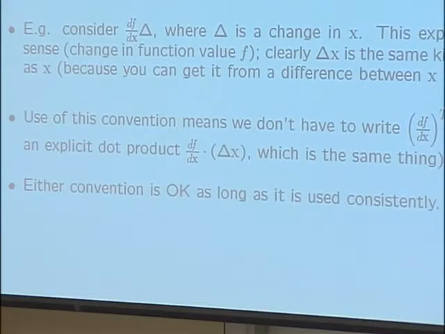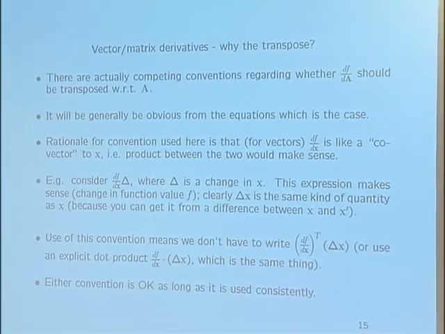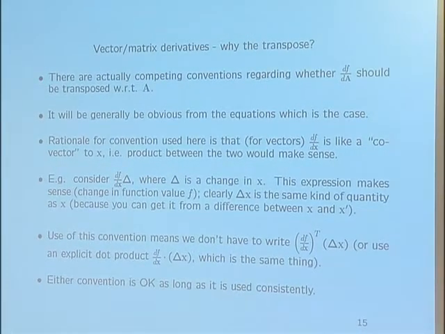Okay, so this slide was just about the issue of whether or not it should be transposed, and this is getting a little bit obscure, but some people don't actually transpose the derivative. If someone's writing down equations with this stuff in, it should usually be obvious which convention they're using. But the rationale for the convention we use here is that df dx is a concept from physics.